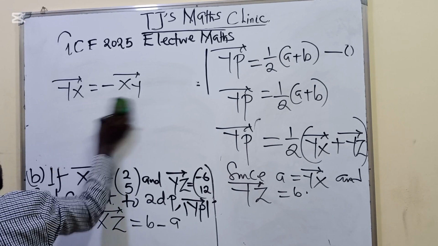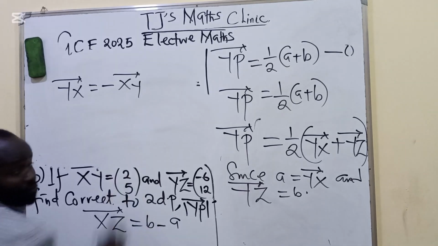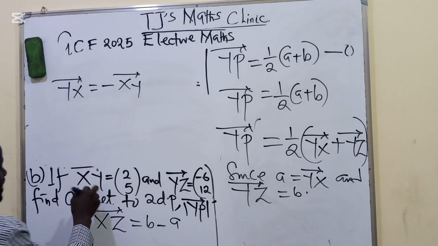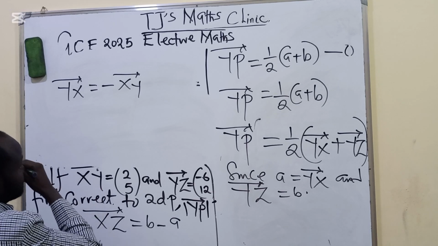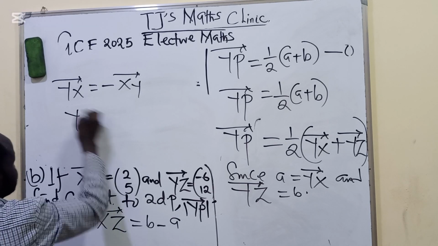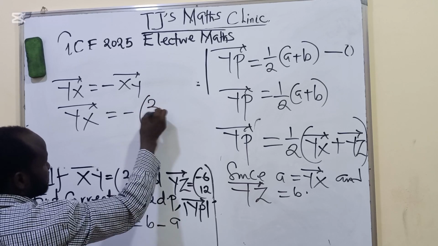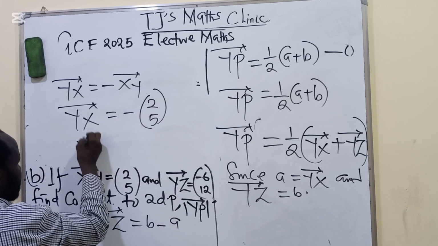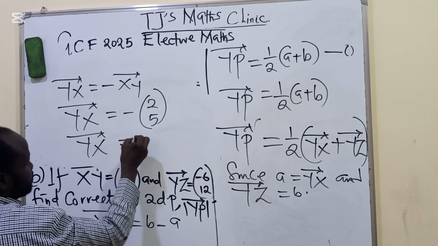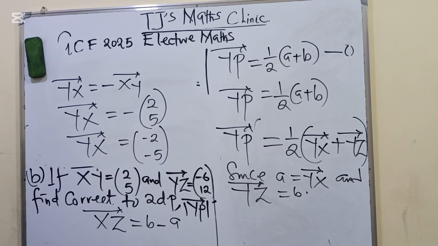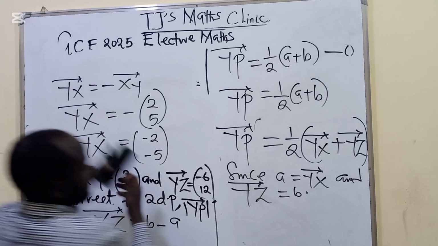Since YX is equal to minus XY, and we have XY, YX will be the negation of this XY. So YX will be minus 2, minus 5. So this will be our YX.